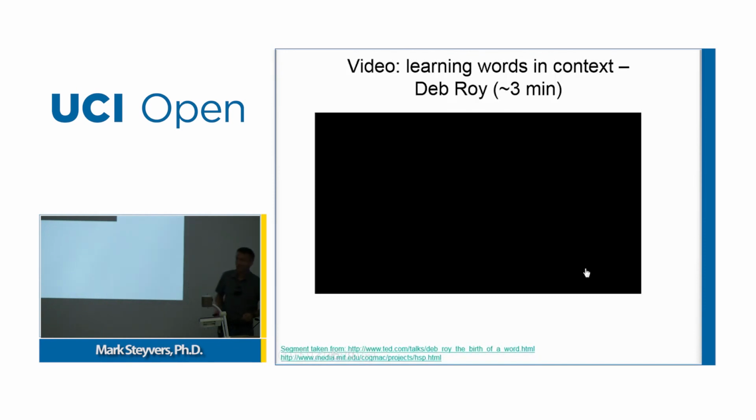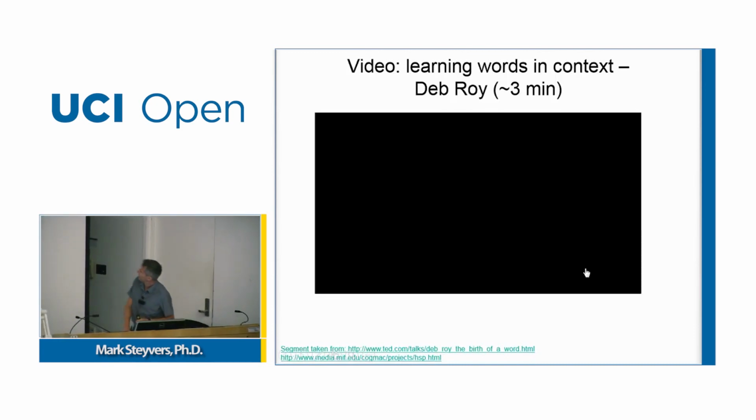So maybe we didn't need this kind of setup to learn that. But the hope is that we can sort of simulate language learners, put them in these kinds of environments and see if we can approximate human language learning with some artificial language learning and see if we can understand that process a little bit better.